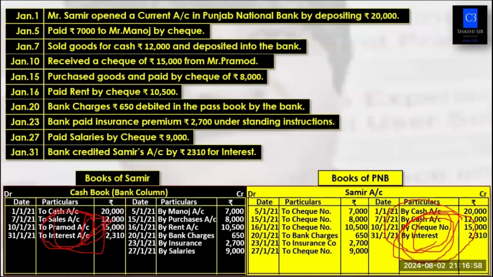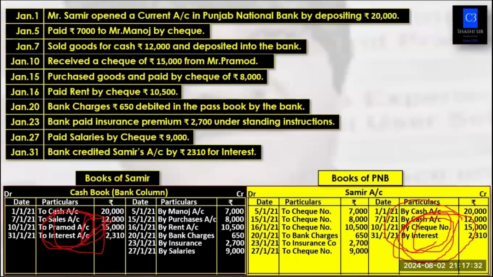This is an important point or a fact you must remember while attempting the questions relating to bank reconciliation statement. Anything, don't look at this transaction, anything, if it is being recorded on the debit side of cash book, then it will surely be recorded on the credit side of the passbook. This Samir's account is nothing but the passbook of Samir.